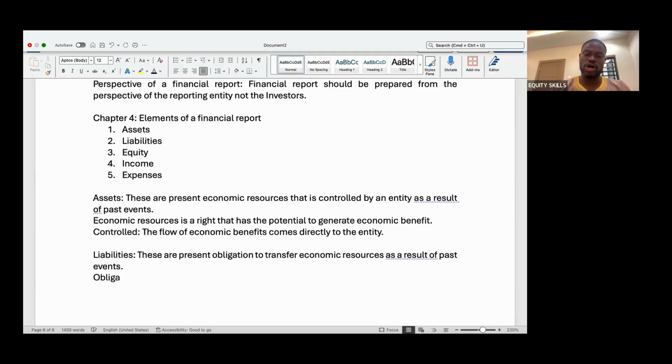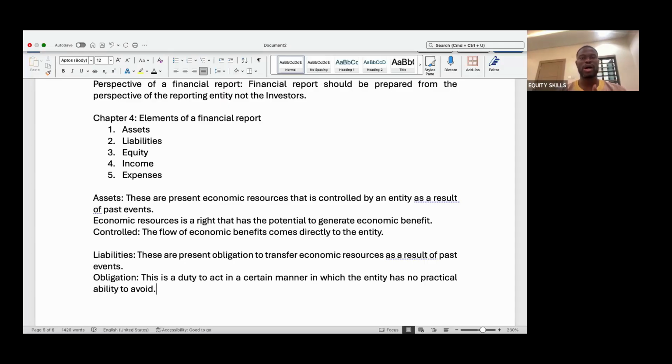So you see, when you have an obligation, this is a duty to act in a certain manner in which the entity has no practical ability to avoid.